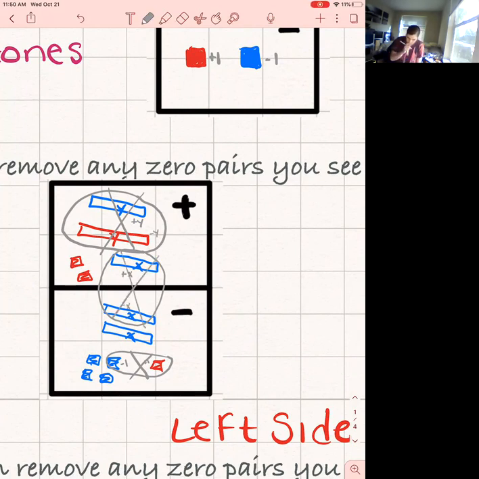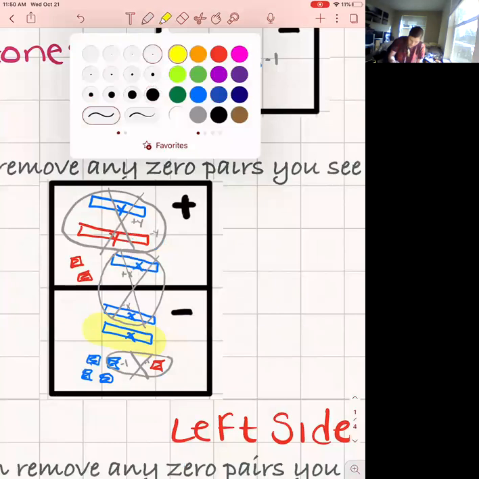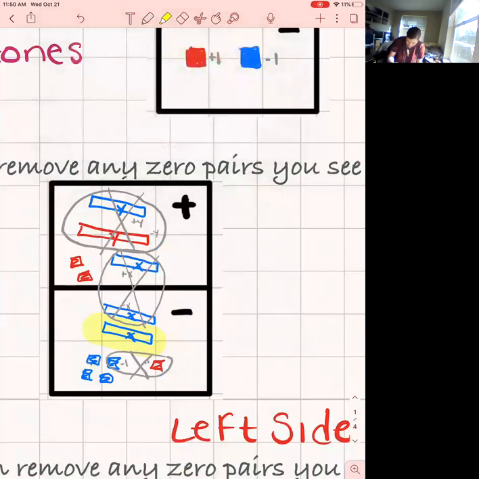Let's look at what I've got left. I've got this left. I've got these 3 unit tiles here. And I have these unit tiles up there. So what I have left, I highlighted.